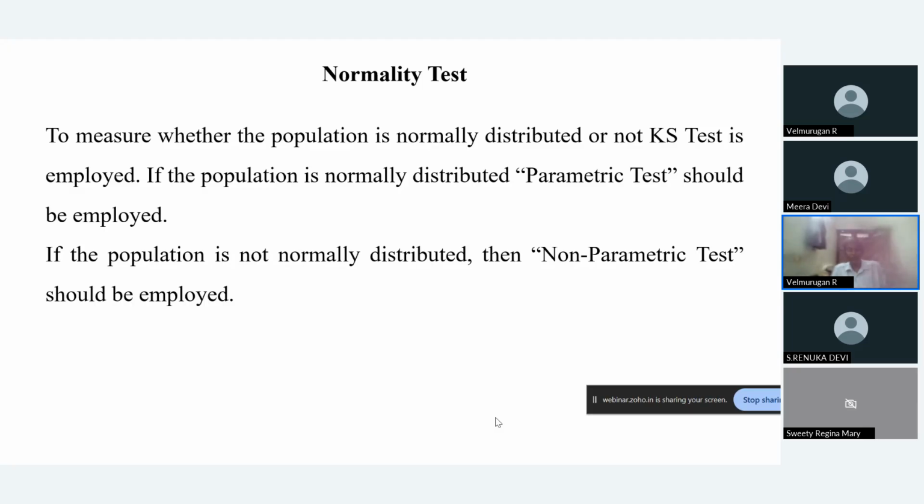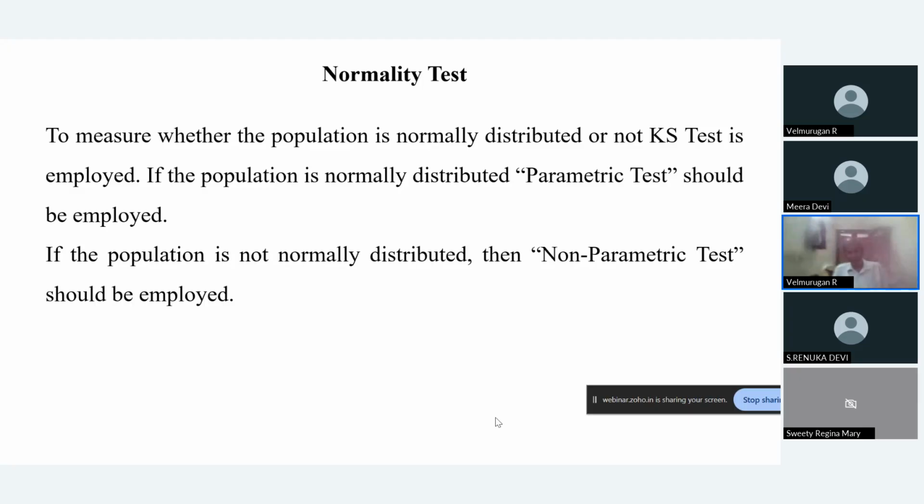One is, from the Likert scaling data, you can compute skewness, and from the same Likert scaling data, you can compute kurtosis. If you divide this skewness value by the kurtosis value, and the result varies between plus 1.96 and minus 1.96, we can say the data is normally distributed.